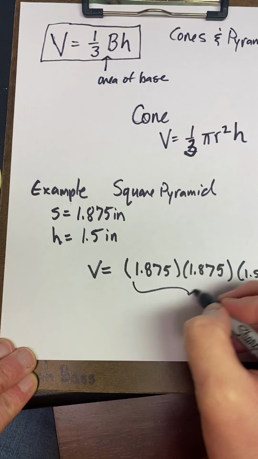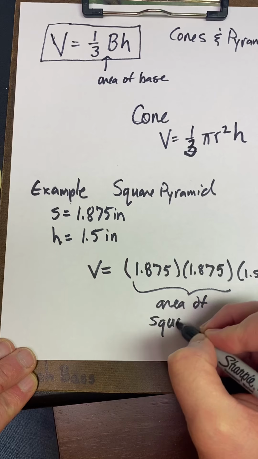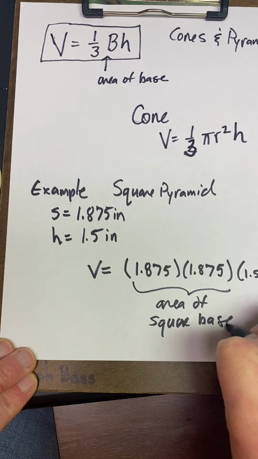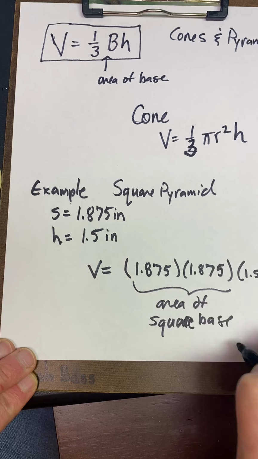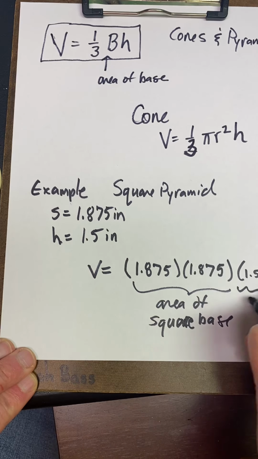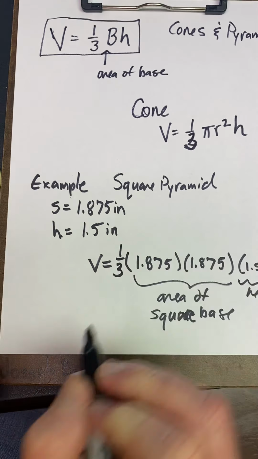So this is the area of the square base. There's the height. And since it's a pyramid and not a prism, I'm going to find 1/3 of that number.